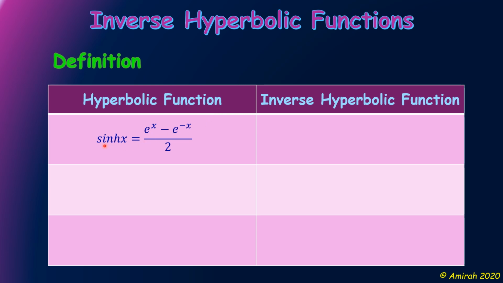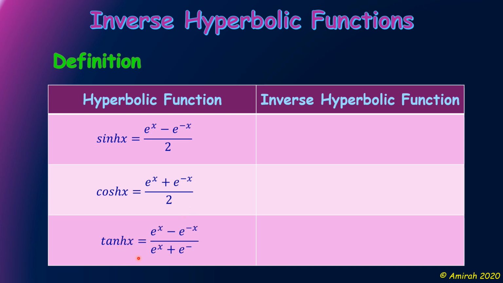The first one, we have sinh x equals to e to the power of x minus e to the power of negative x over 2. And then cosh x equals to e to the power of x plus e to the power of negative x over 2.